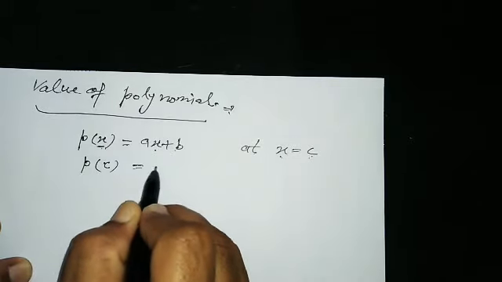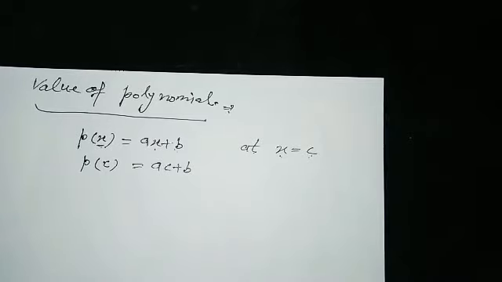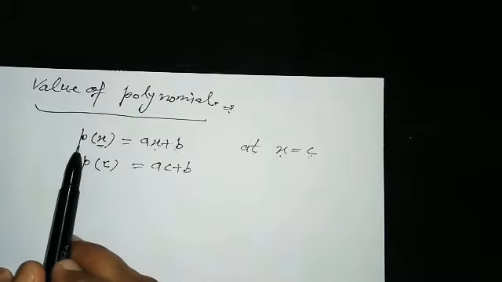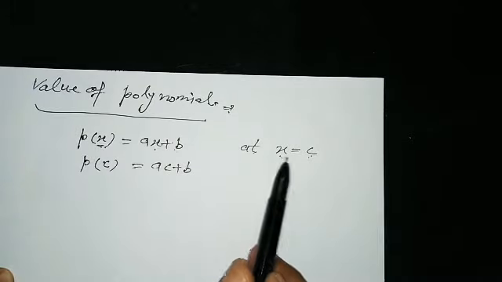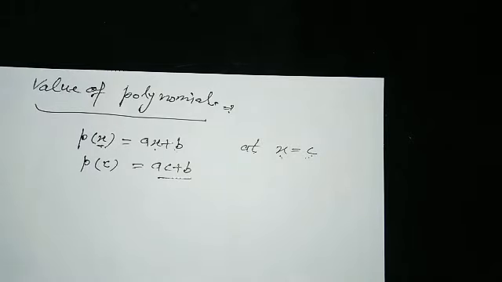You will get ac plus b. So you can say the value of this polynomial at the variable c is this. This is the value. So I think you understand it clearly.